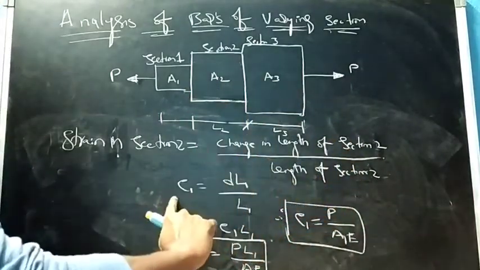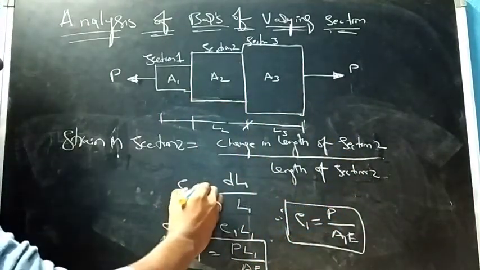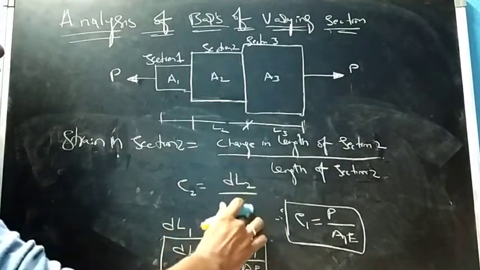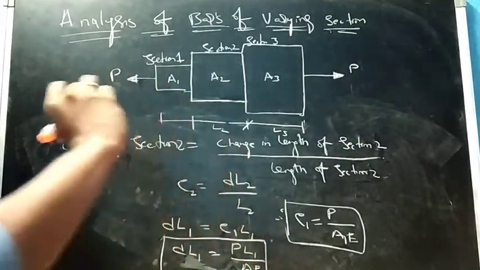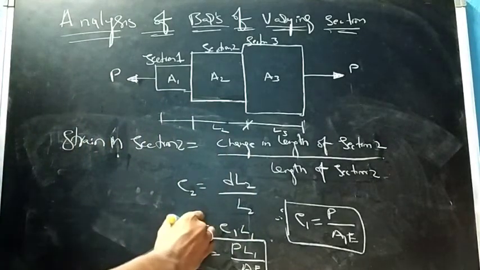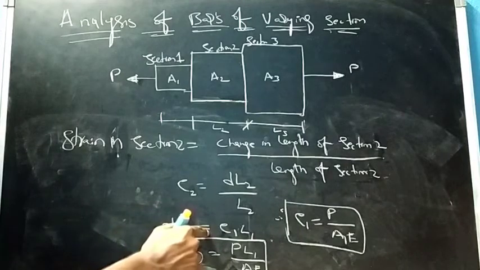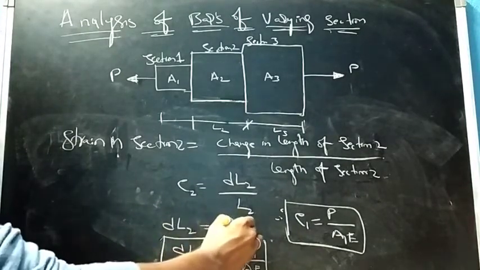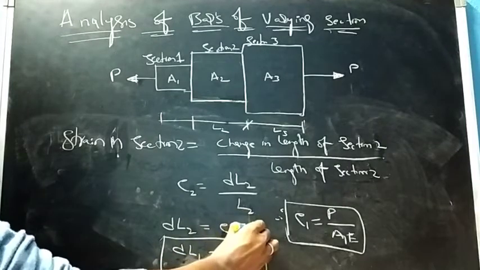Now epsilon 2 will be the change in length of section 2 upon the original length, that is L2. So I can just change the number, epsilon 2 and L2.